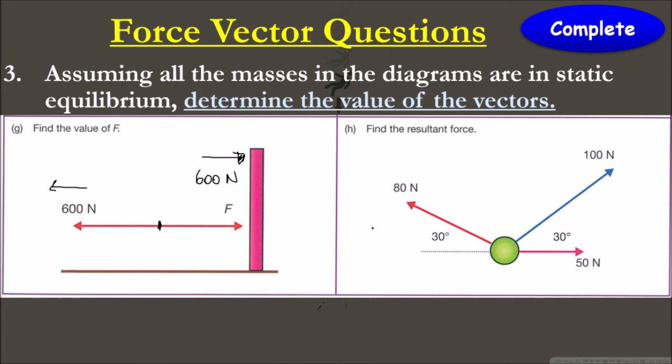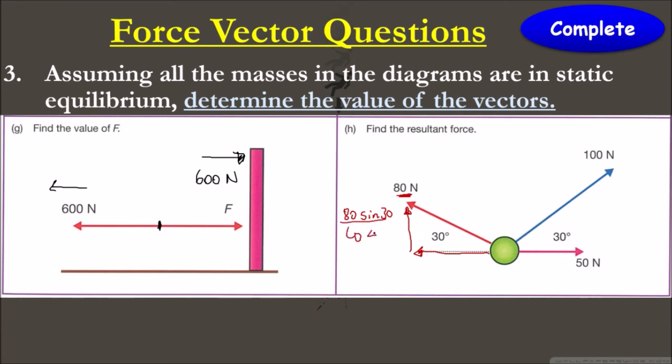And the last one, we have 3 arrows to compare with. Again, let's start with this one, this red arrow here. It has a vertical and a horizontal component. So I have 80 sine 30, that's our angle, that's the opposite side there.